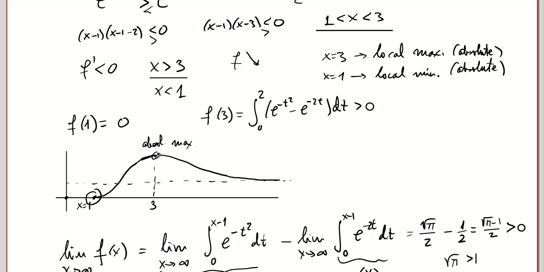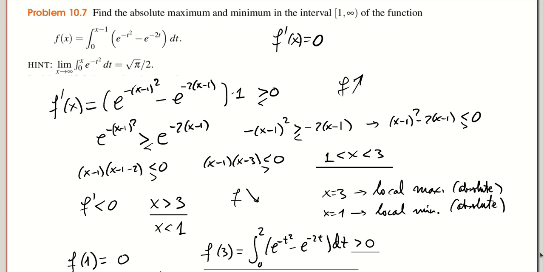For instance, we cannot determine the value it takes at x equal to 3, because it's this complicated integral that you can only evaluate numerically. But we don't care, as long as this is a positive number, because this is enough information to know that this is the absolute maximum. And for the absolute minimum, we only need this limit, which we are able to calculate given this hint here, which, as I said, is something that you will be able to prove in calculus 2. Okay?